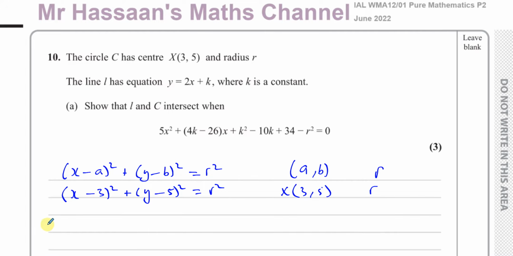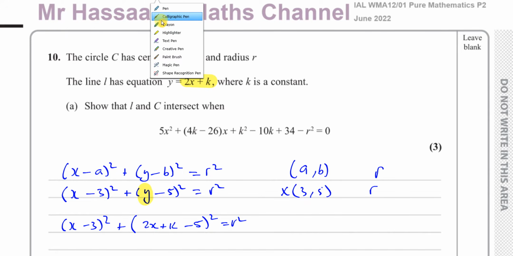So I'm going to replace the y in this equation with what y is equal to in the line, and that will give us an equation which will tell us where they intersect. So I'm going to write this as (x − 3)² + (2x + k − 5)² = r².